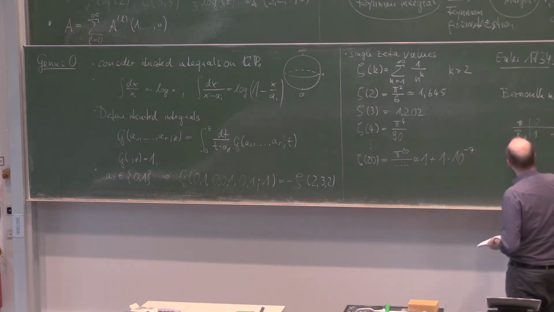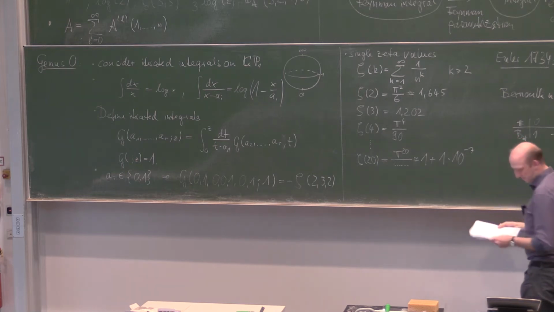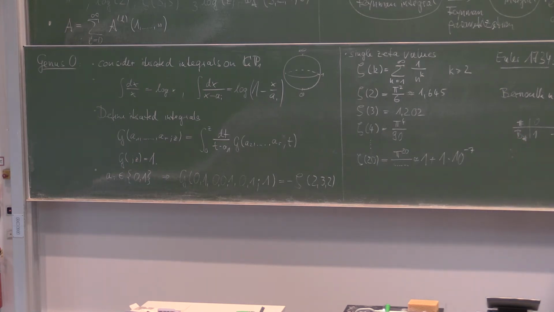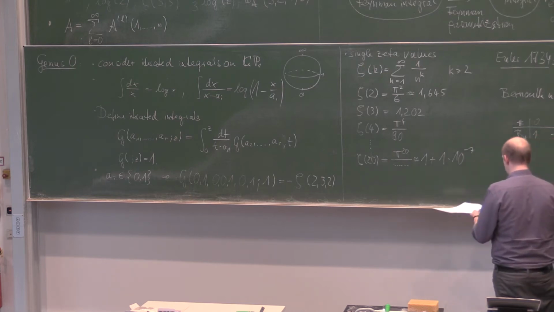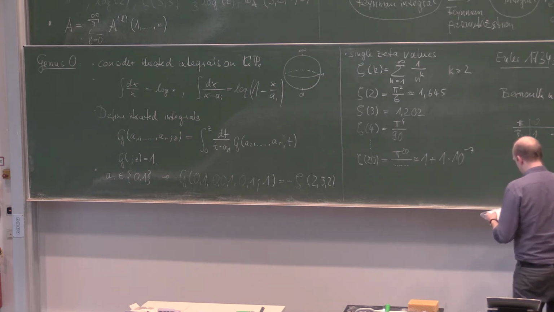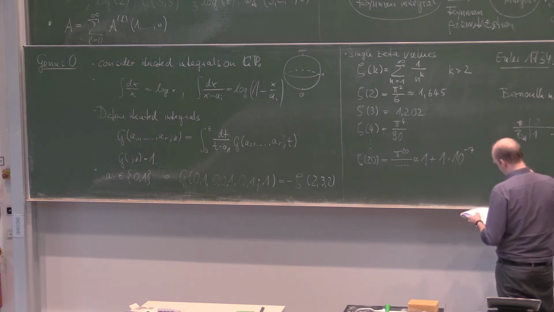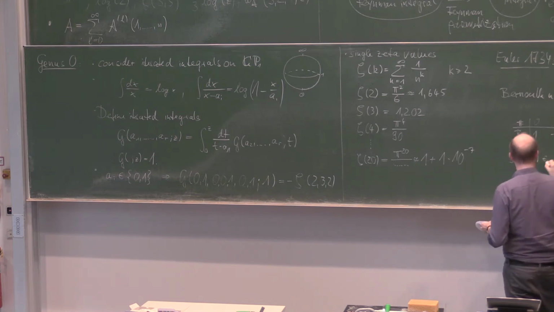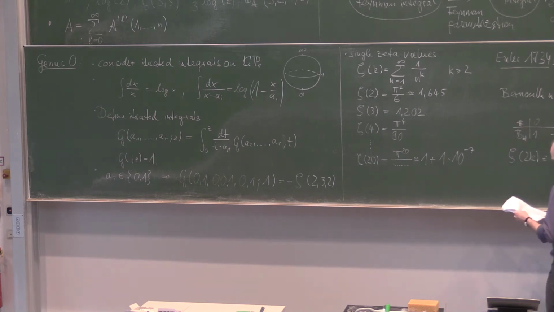So one can prove that zeta(2k) is an element of Q times pi to the 2k. That's basically what you can already see with the numbers, and that is valid for all k larger than or equal to 1. And how does one prove the validity of that formula?